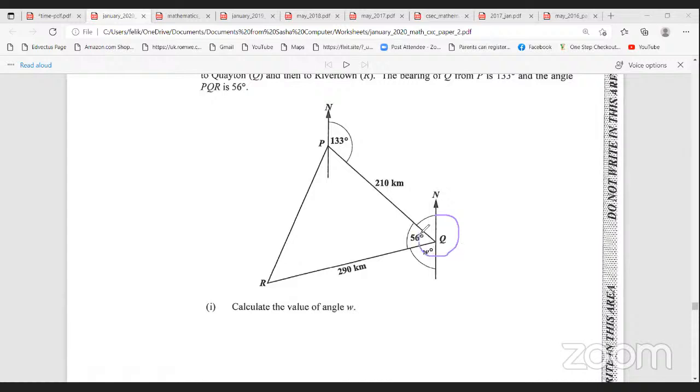So that's how we find our angle from the north line going clockwise. That's going anti-clockwise, so we need to look for the angle here now. From the north line to the line PQ, what is the angle?